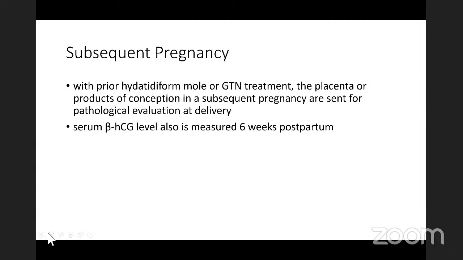With the prior HMOL or GTN treatment, placenta or products of conception should be sent for evaluation at delivery, even if the patient did not have symptoms of HMOL. And your serum beta HCG should be measured 6 weeks postpartum.